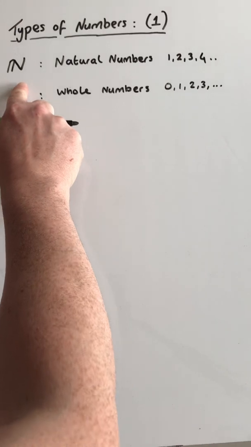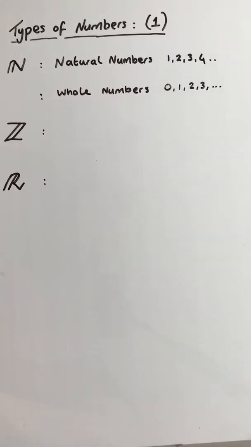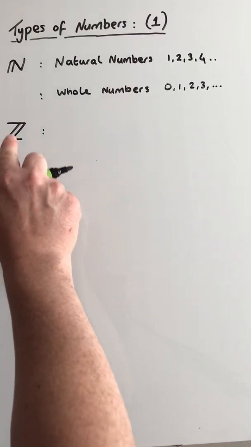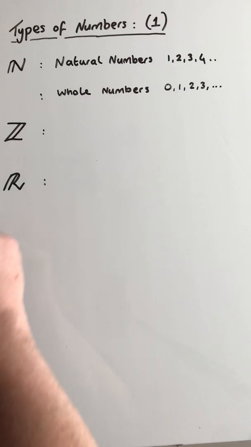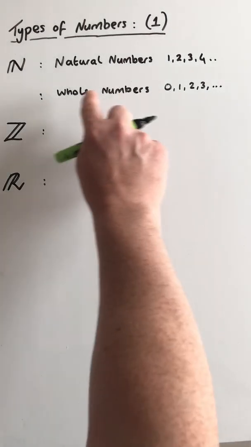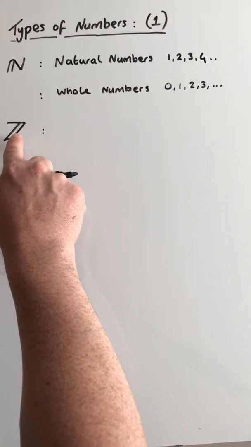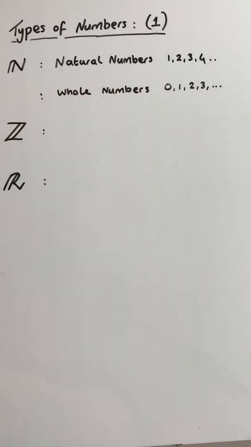Okay, there's not a symbol as such for the whole numbers. These are mostly through convention. These have been given these symbols, and the whole numbers doesn't have one. We could say that it's the set of integers, positive integers, which also includes 0, and that's what the Z is, right?